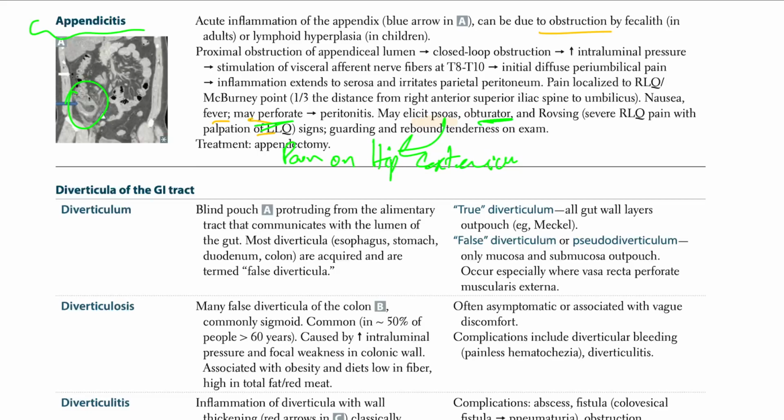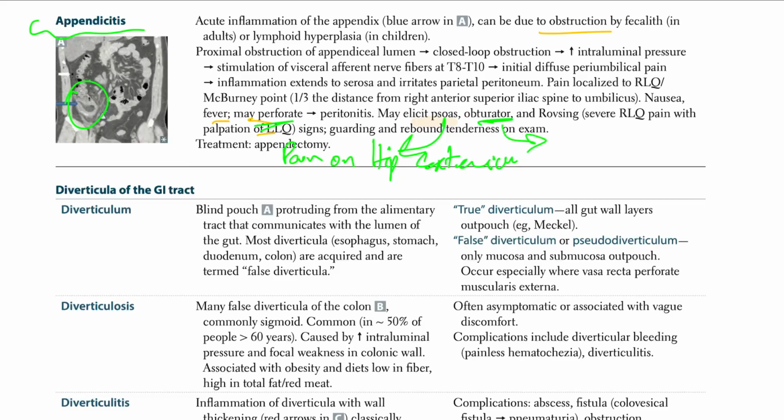Remember, flexion is when two body parts are coming close together. Extension is when the two body parts are moving further apart. So when you do a hip extension and you have pain, that is psoas sign positive.